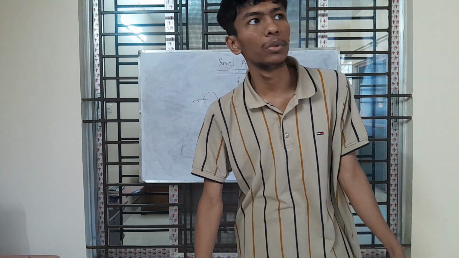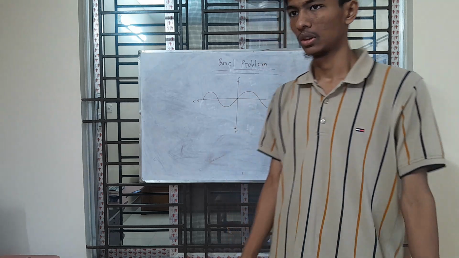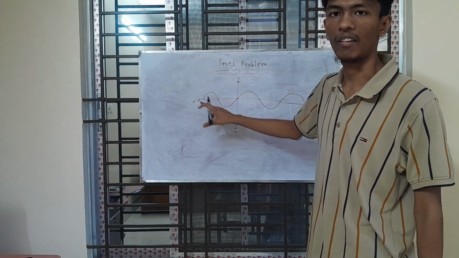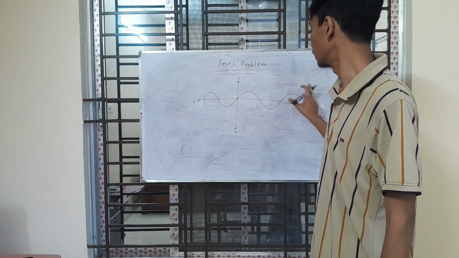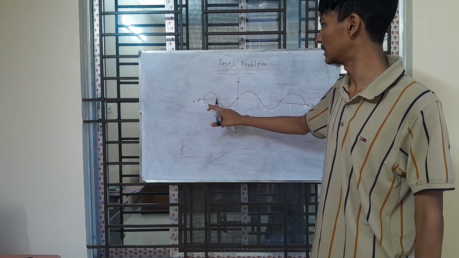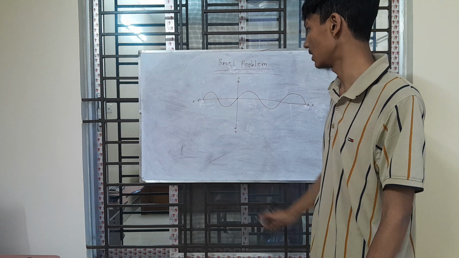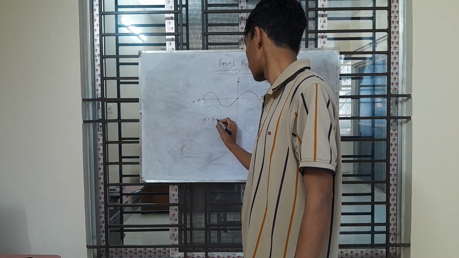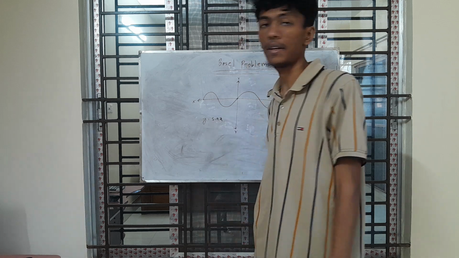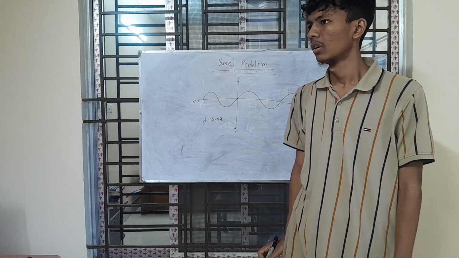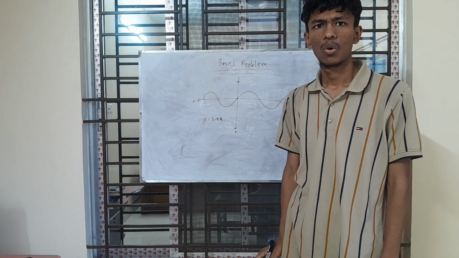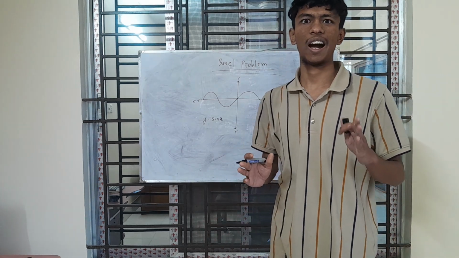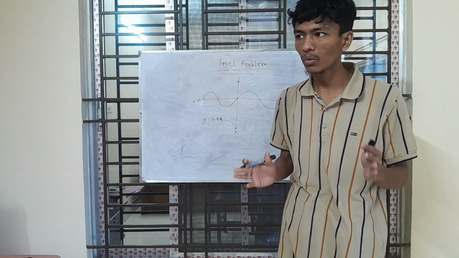So what do I mean by zeros? If we mathematically write this graph's representation, we will write y equals sine x, right? But we have to find the zeros of our equation. So what was the equation?